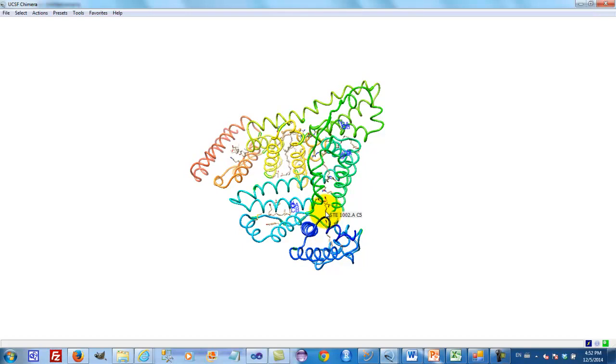So the finding of this research is that the planes within serum albumin are arranged perpendicular to one another, so adjacent planes of alpha helix bundles are perpendicular to one another.